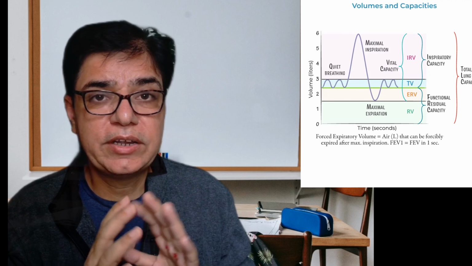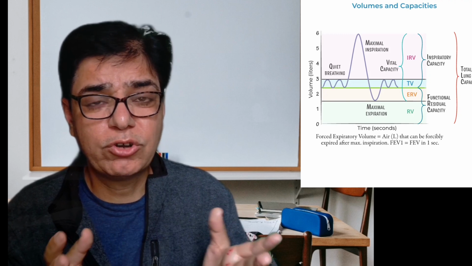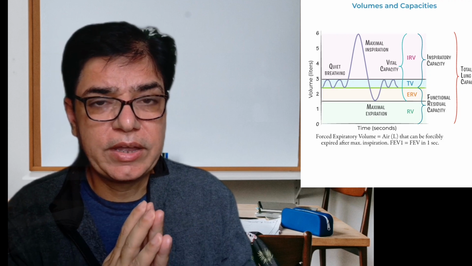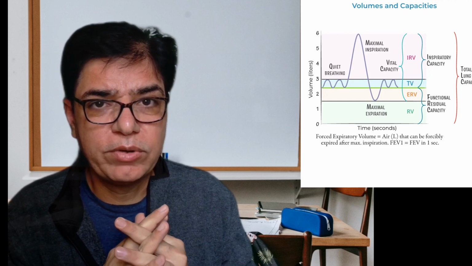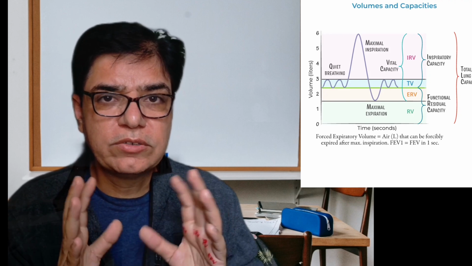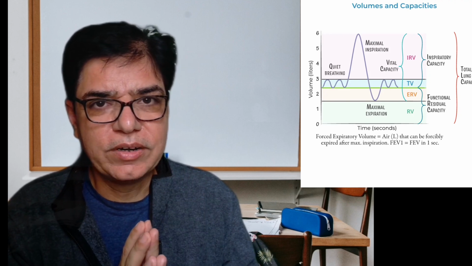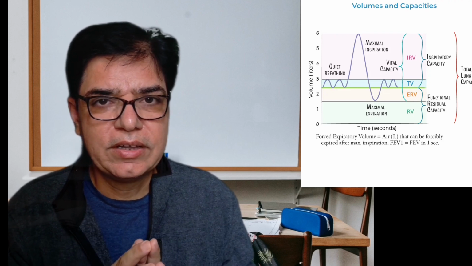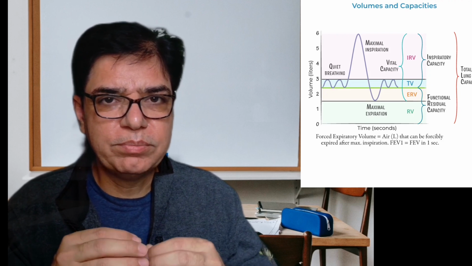That requires either helium dilution, the nitrogen washout method, or body plethysmography. But we can calculate the tidal volume and the inspiratory and expiratory reserve volumes. So this was a simple lecture on lung volumes and lung capacities and how to calculate them with the help of a very simple methodology.